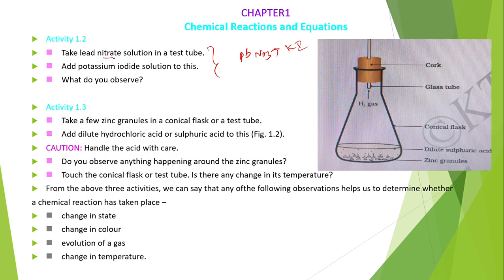He has taken lead nitrate and potassium iodide solution. So we will get PbI2. So this is yellow color. See, color is changing. So this activity is telling color is changing.